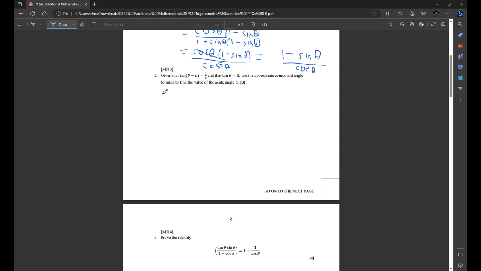So tan(theta minus A) is going to be equal to tan theta minus tan A all over 1 plus tan theta times tan A.